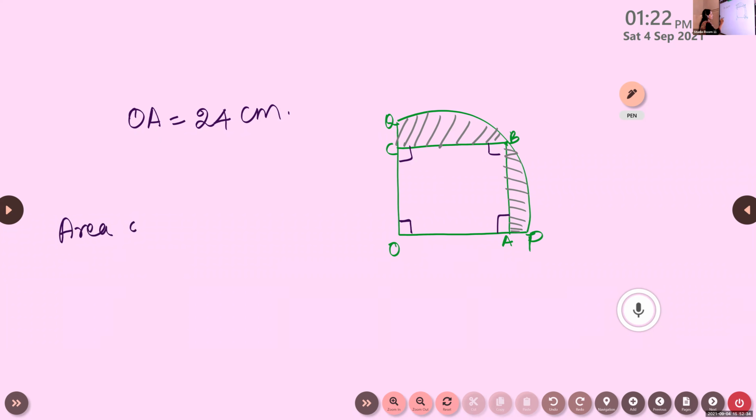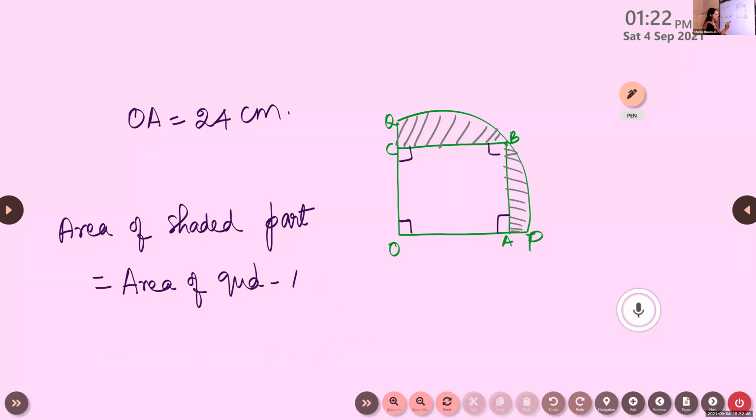So area of shaded part is area of quadrant minus area of square. What is the formula for area of the quadrant?